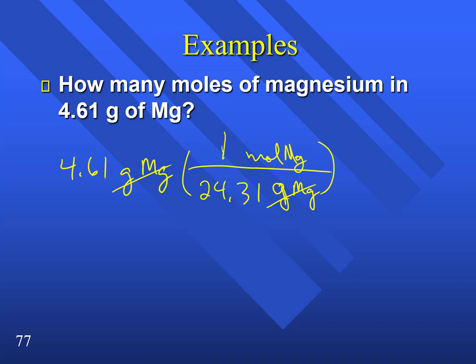And if I do that math, 4.61 divided by 24.31 equals, with 3 sig figs, 0.190 moles of magnesium.